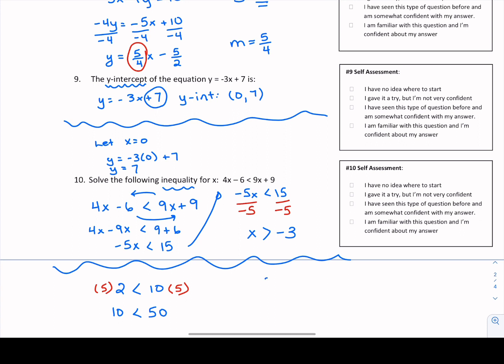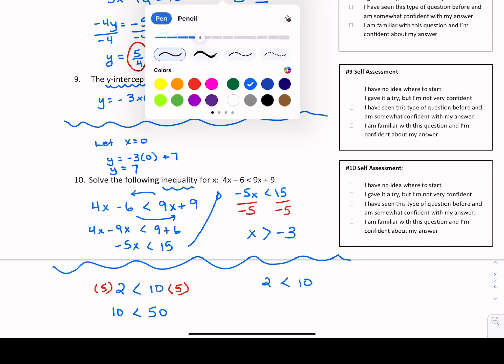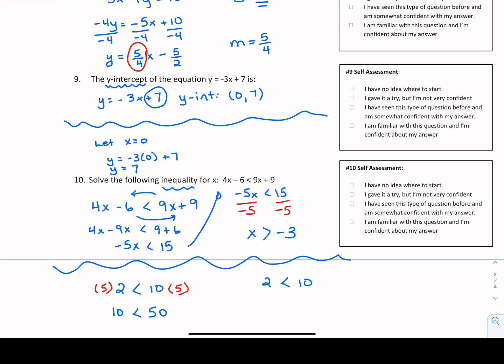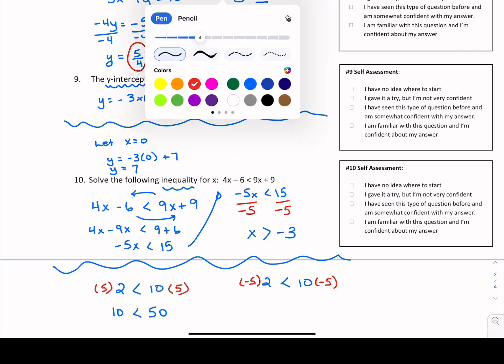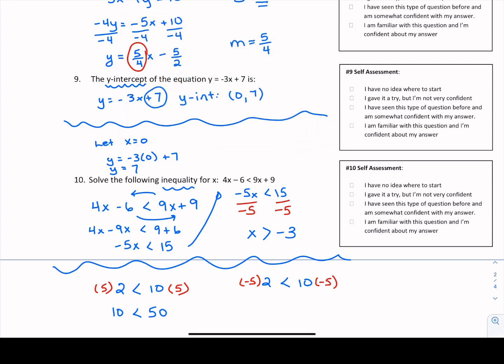But if I start with that inequality again and say 2 is less than 10, and this time when I multiply, I'm going to multiply by a negative number. So let's say we multiply by negative 5. If I were to work this out now, negative 5 times 2 would be negative 10. 10 times negative 5 is negative 50. But negative 10 is actually bigger than negative 50.